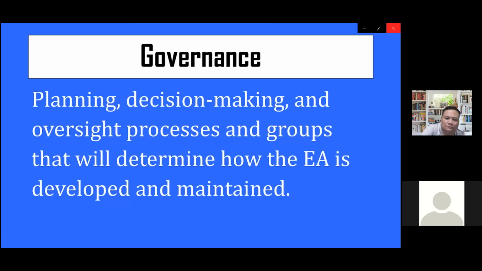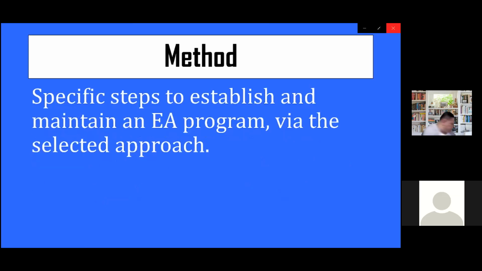Let's start with governance. Governance is the overseeing element of the EA. It covers planning, decision making, and oversight processes and groups that will determine how the EA is developed and maintained. Basically, it's the omniscient part of the enterprise architecture.